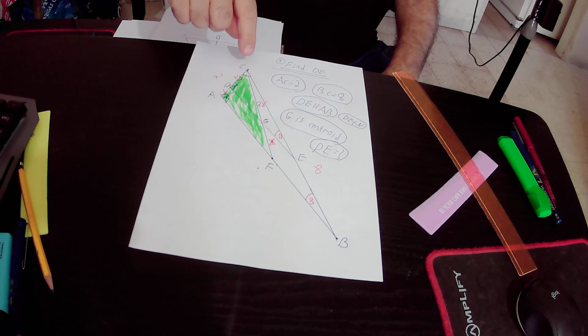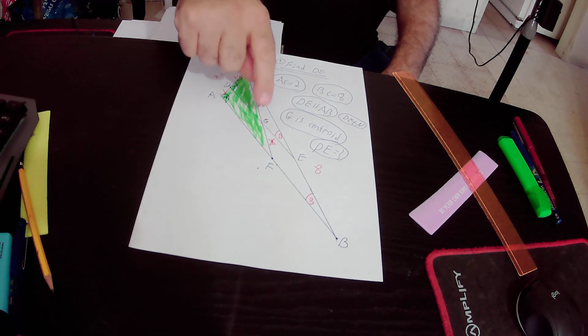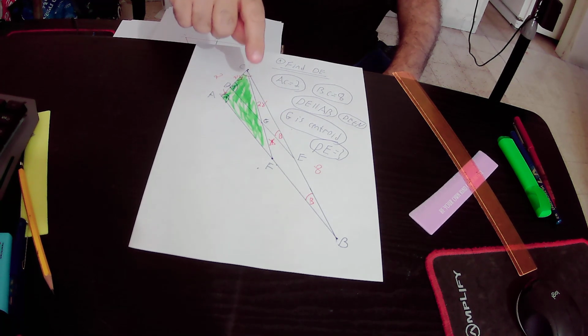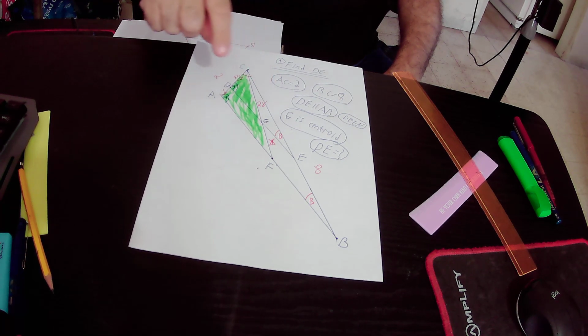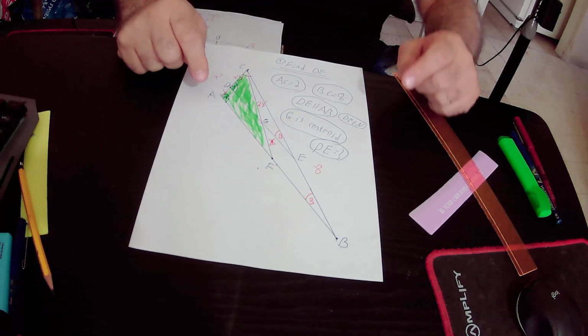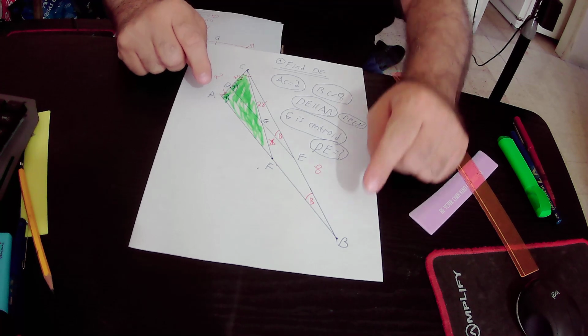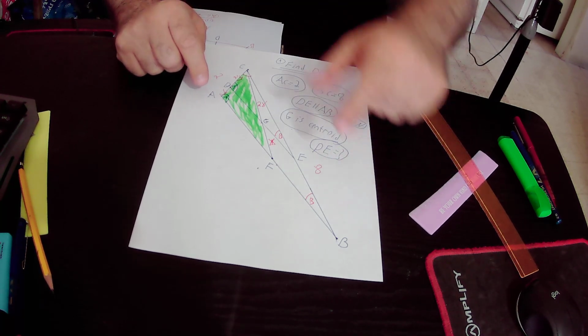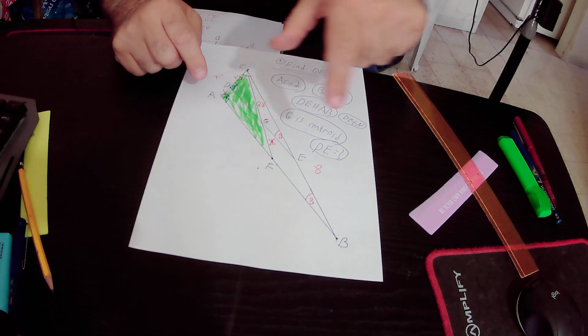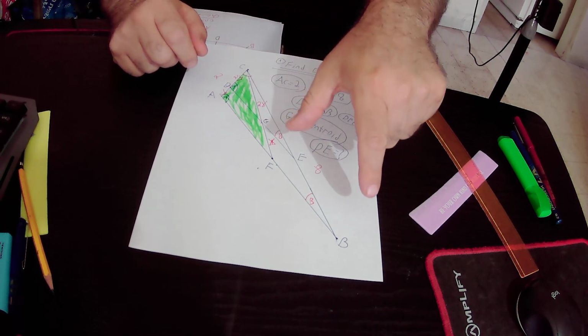Okay, so actually CF is the median of triangle ABC, that is to say, it bisects AB, or divides AB into two equal parts, that is to say AF equals FB.